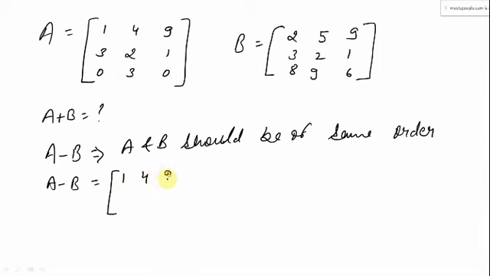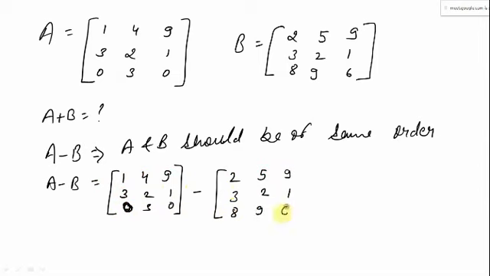So I'll write it like 1 4 9, 3 2 1, 0 3 0 minus 2 5 9, 3 2 1, 8 9 6.